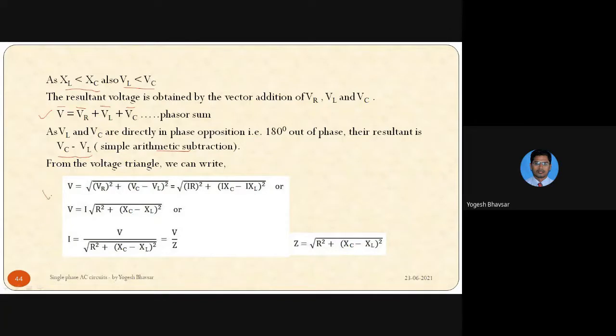Then resultant V is equal to under root of VR square plus (VC minus VL) square. So we can put the values IR, IXC, IXL, and then in terms of the impedance, V is equal to I into Z, where Z is under root of R square plus (XC minus XL) square. Only the difference is here, XC is greater than XL, so XC minus XL.